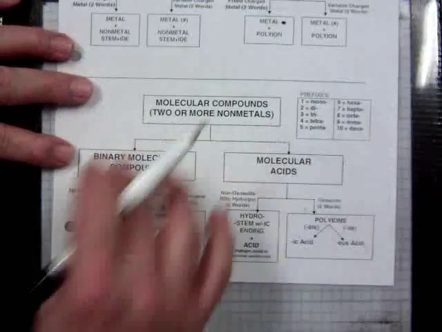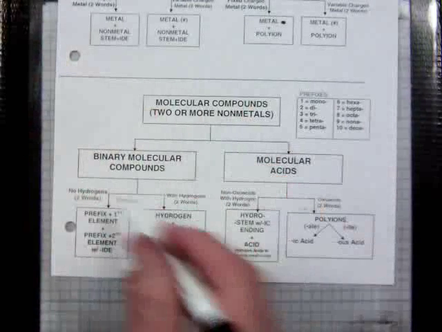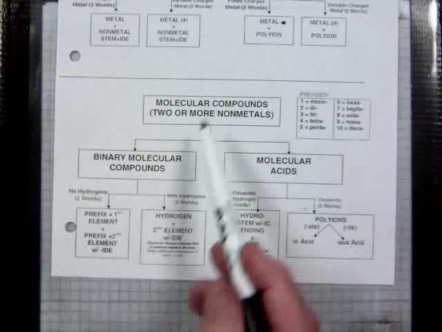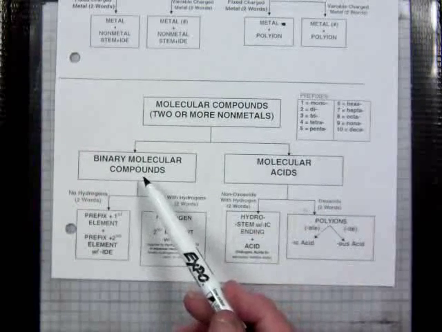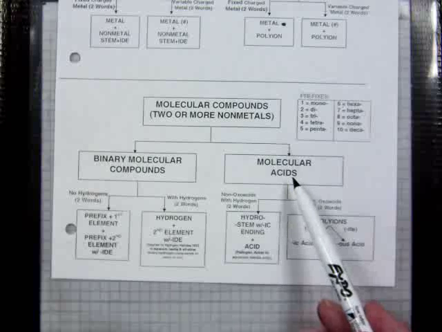Now we're down here in this molecular compounds department, and you see the same idea goes through. Molecular compounds are binary, two different elements. They can have more than two atoms, the same idea. Or you take molecular acids.